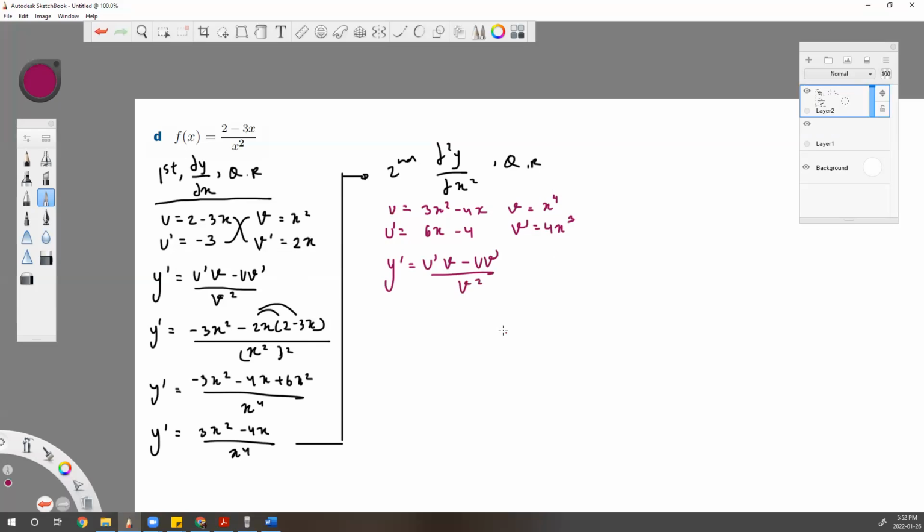Let me know when I make a minor mistake, because I often make minor mistakes in this part, especially if the numbers are so packed and the letters are small. Please let me know whenever I do something wrong. Here, I put the x power 4 in front to make it easier to see.